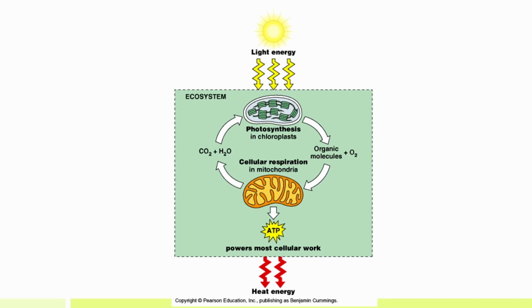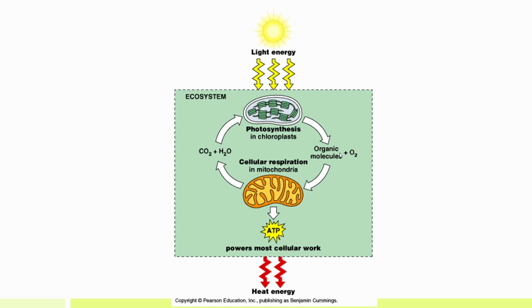That also turns carbon dioxide and water into organic molecules like sugar and oxygen. So CO2 is considered inorganic. Glucose or sugar is considered organic. So we convert inorganic to organic during photosynthesis, and carbon is utilized in this process.